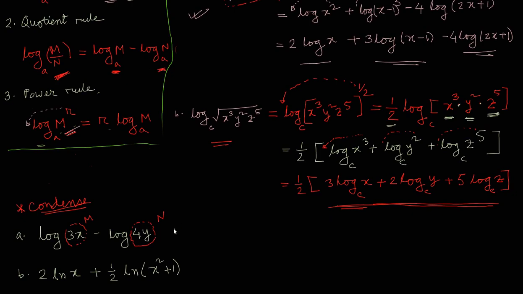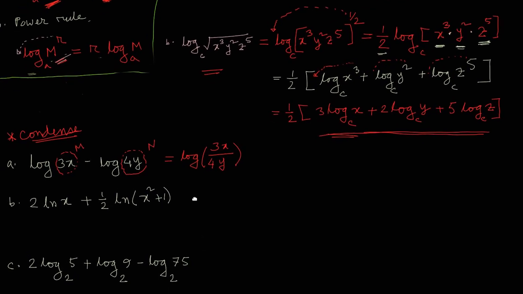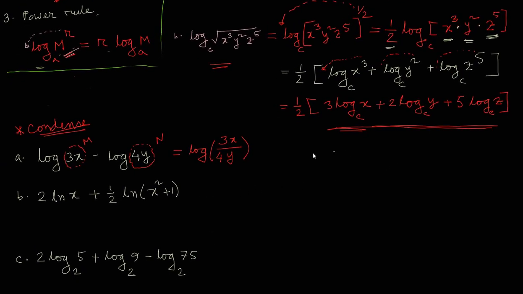So I can write it equal to logarithm of 3x over 4y. Okay, so that is the condensed form. I cannot condense it any more.